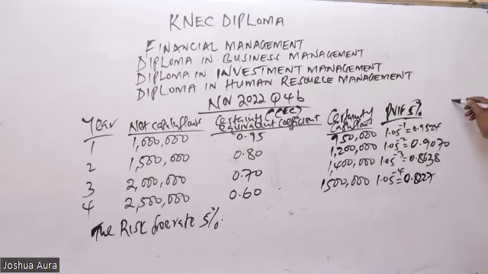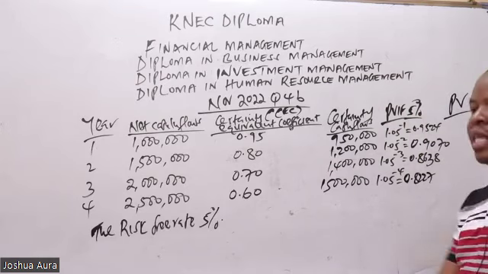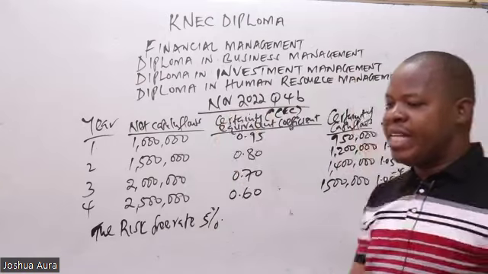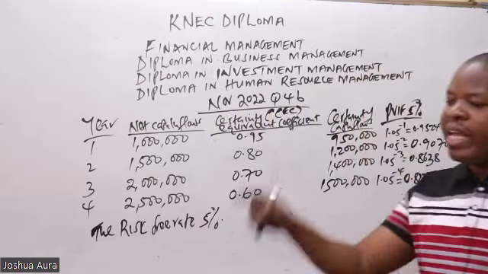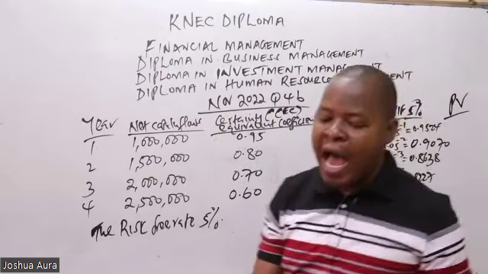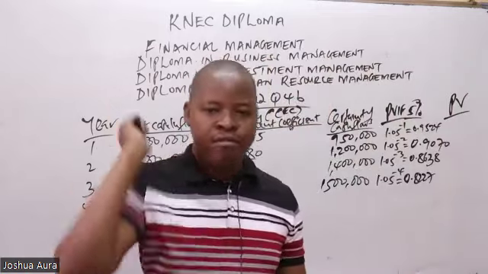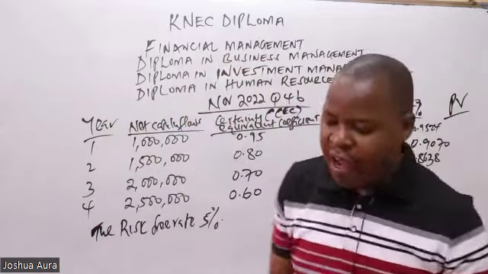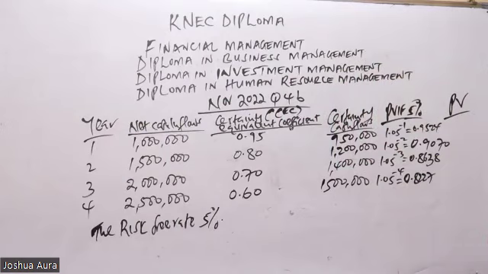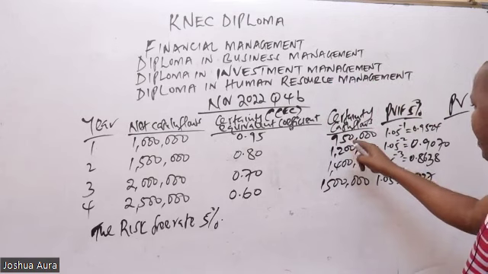Now, can we get our present values? How do we get our present values? We will take the certain cash flows times the discounting factors. So can we get the figure for year 1? We will take 950,000.